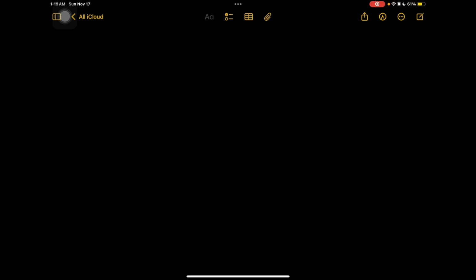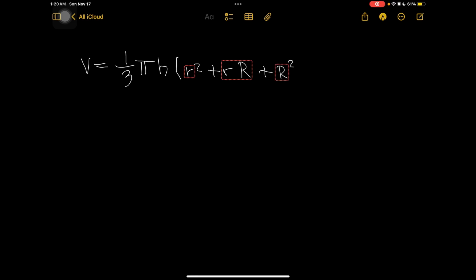So we're gonna find the volume of frustum of a cone. So the formula is V equals 1/3 pi times height, and R squared plus R and our bottom radius plus bottom radius squared.